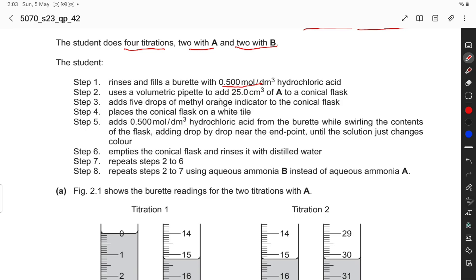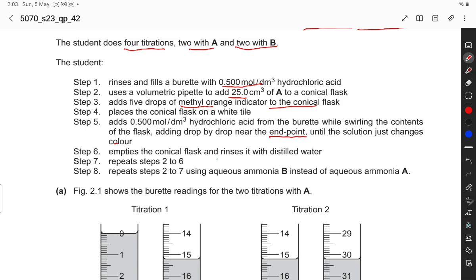Step 2 uses a volumetric pipette to add 25 centimeter cube of A to a conical flask. Add 5 drops of methyl orange indicator to the conical flask. Place the conical flask on a white tile. Why is a white tile used? To observe the end point clearly, or to observe the color change clearly. Step 5, add 0.500 mole per dm cube hydrochloric acid from the burette while swirling the contents of the flask, adding drop by drop near the end point until the solution just changes color.